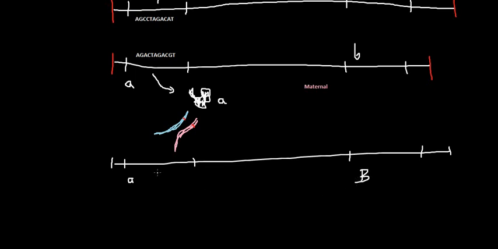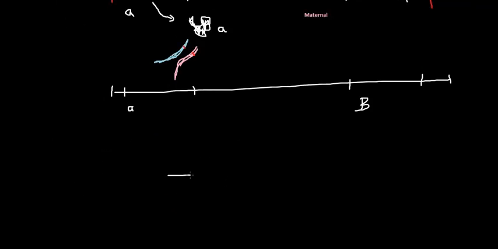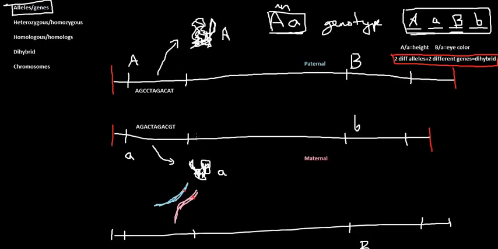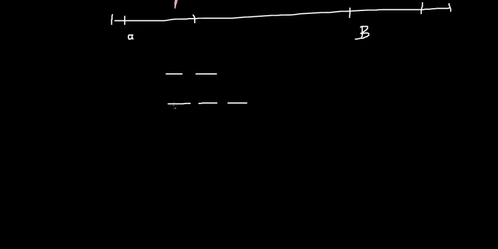So what this would look like if you're phenotyping and genotyping this organism, let's just talk about the A gene. Originally we just had a big A, little a.